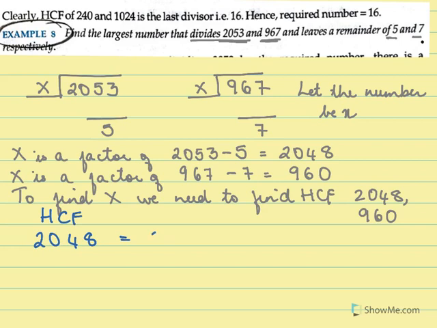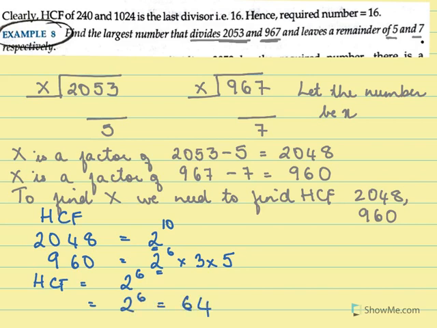2048 into prime factorization. That comes to 2 raised to 10. And 960 prime factorization is 2 raised to 6 into 3 into 5. And to find HCF, we take common factor. Common factor is 2. There is 2 here, 2. And we take the lowest power, that is 6. And 2 raised to 6 is 64.